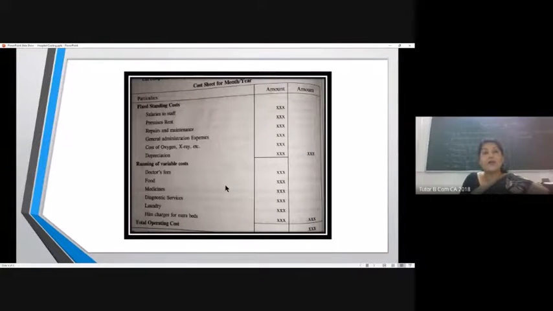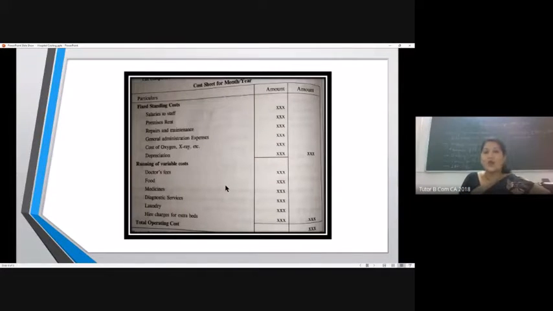Say, for example, 20% of the beds in the hospital were occupied during the month of January, and the total beds available is, say, 100, then 20% would be 20. So the denominator will be 20. Total cost divided by 20 will give us the per bed cost.